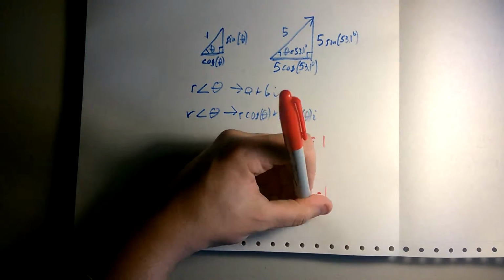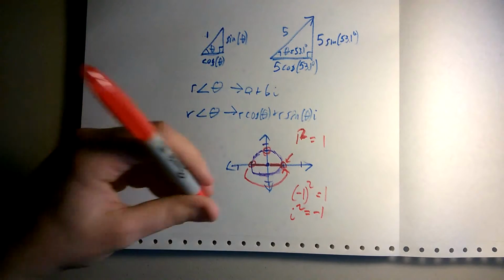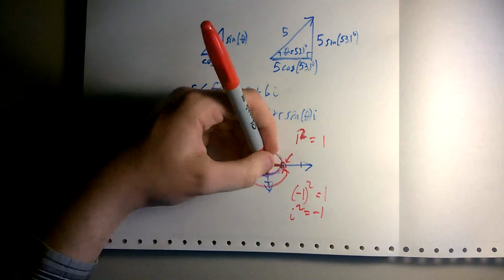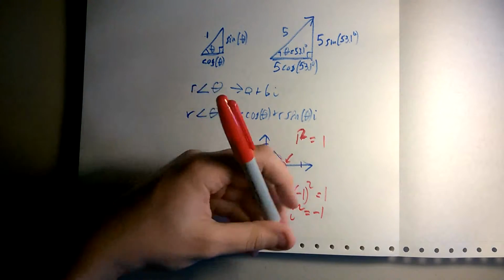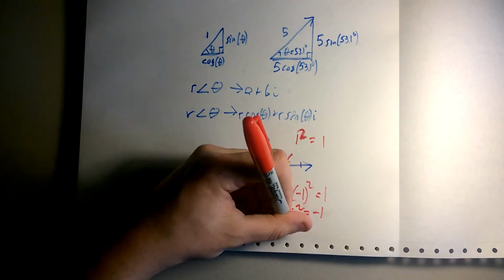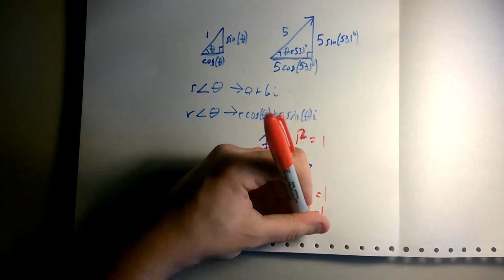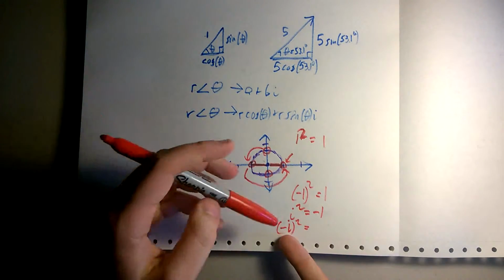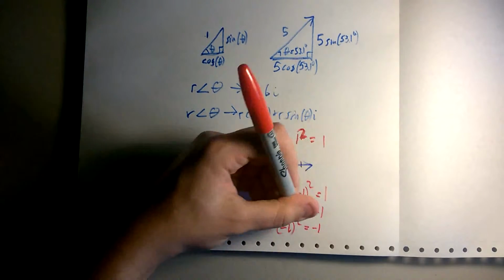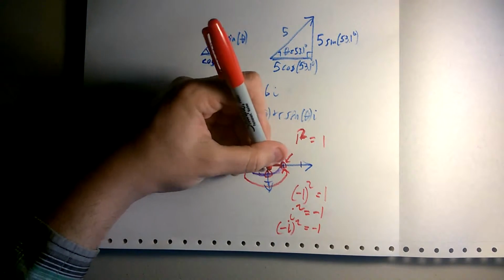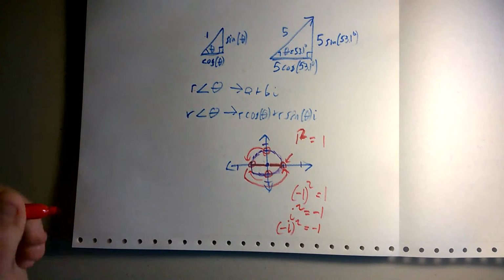So if you square it, you get negative 1. So this point brings you to this point. And how about negative i? That's just going downward. Well, negative i squared is the same as not having a negative in the first place, right? The negatives cancel out, and so you just get negative 1. So that's i squared. So this point down here brings you to this point as well.